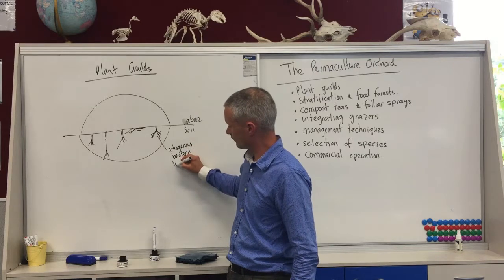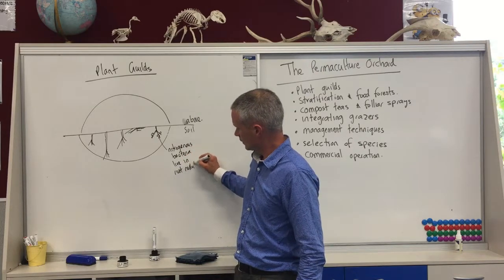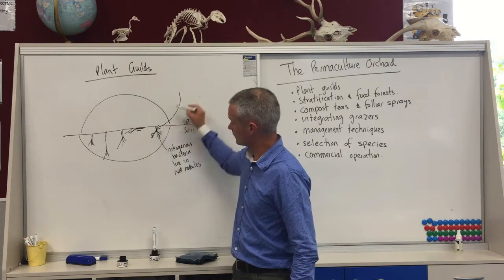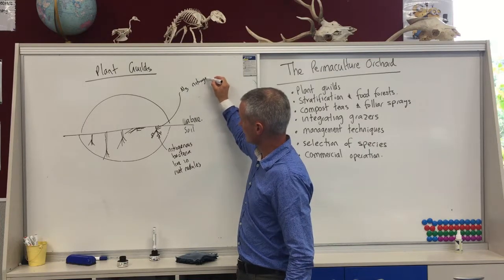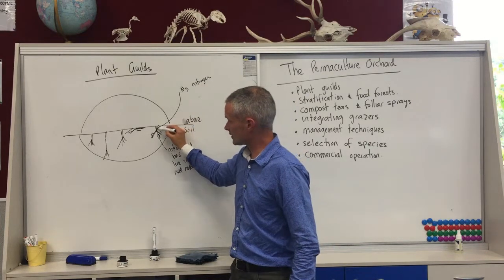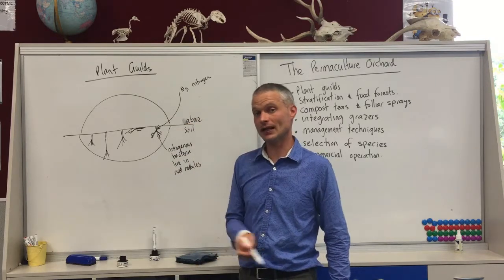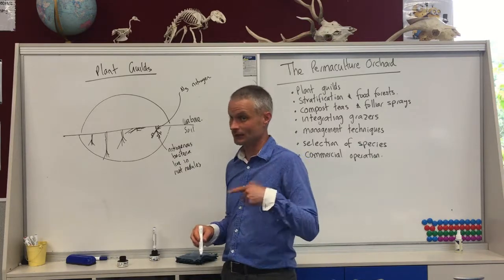And they live in the root nodules. And what they can do is they can take atmospheric nitrogen out of the air, and they can fix it into soil nitrates that they will then feed the plant in exchange for the sugars that the plant feeds the bacteria.